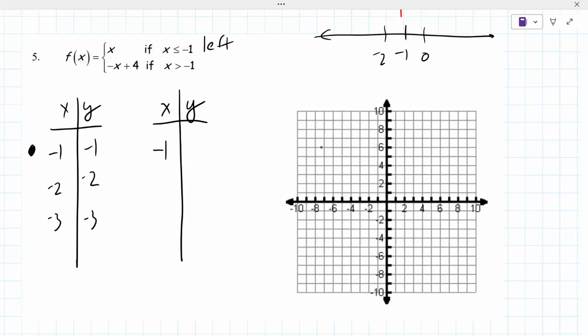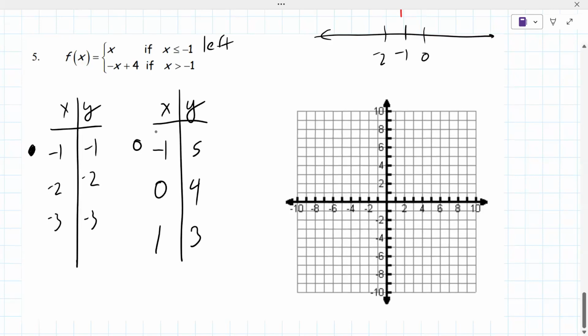Okay, I got -1, 0, 1. Okay, good. And then I got for your y values 5, 4, 3. Good. Is it an open or closed circle at the top there? Oh, that's going to be an open circle.